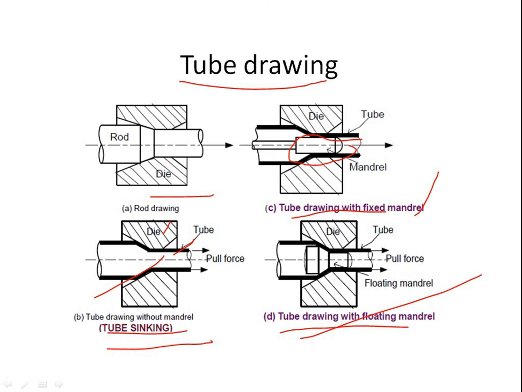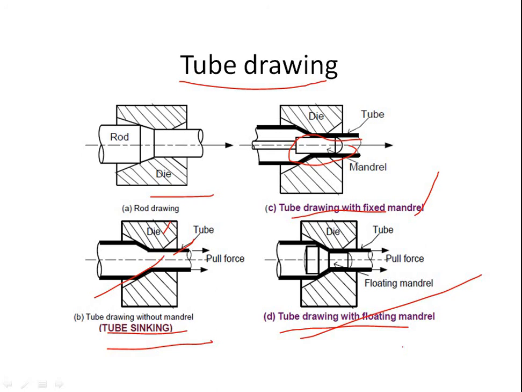A mandrel of shorter length with the dimension of the internal diameter is located at the die entrance, as shown in the figure. As the tube is drawn, the mandrel floats inside the tube and forms a suitable gap for tube drawing. With this, practically there is no limit on the length of the tube drawn.